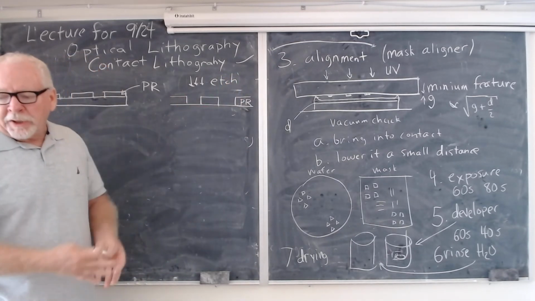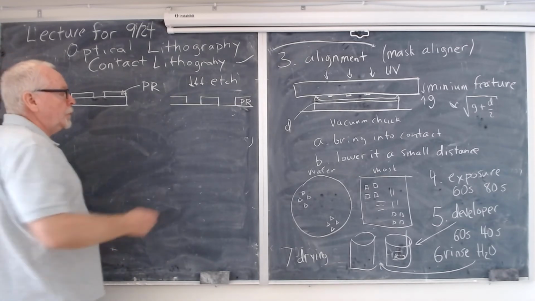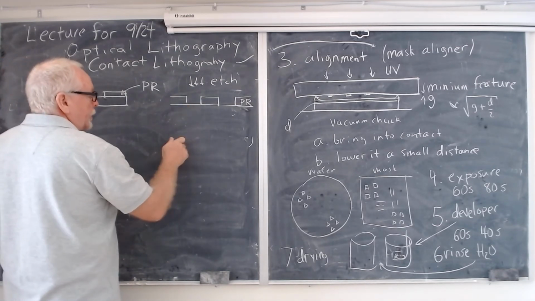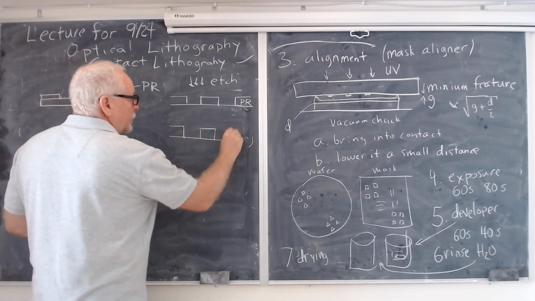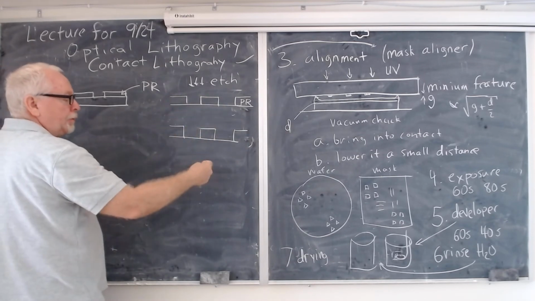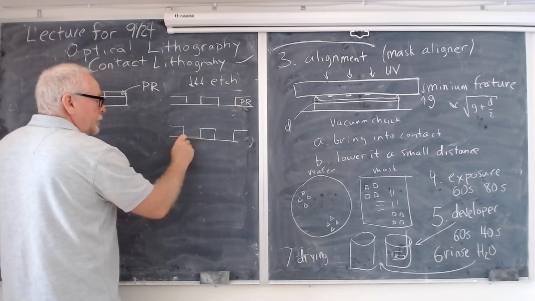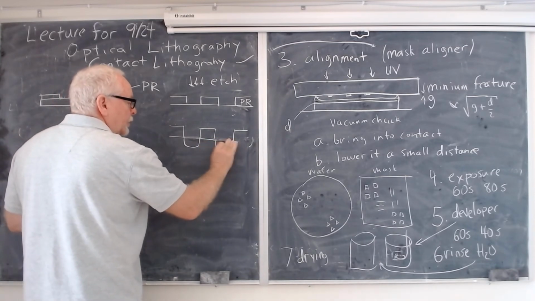Etching can be putting it in an acid bath. That's the next chapter, basically. After you put it in the acid bath or the plasma etcher, you create an etched feature here in the opening.